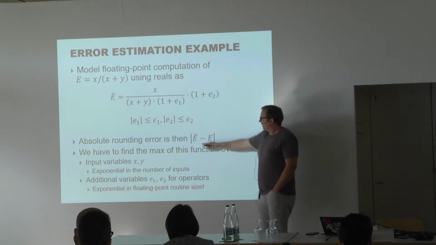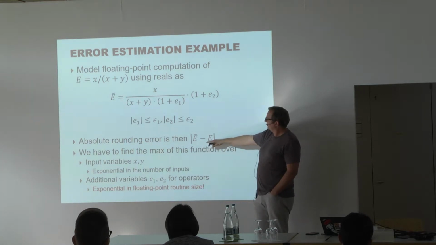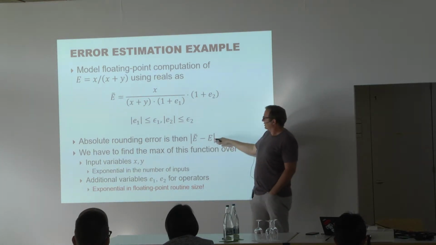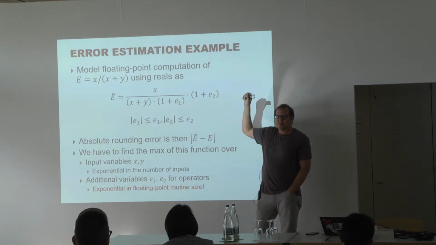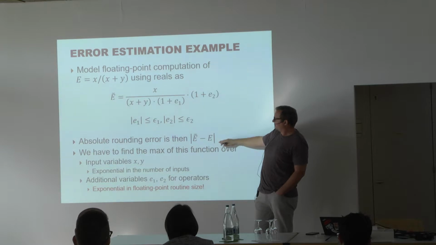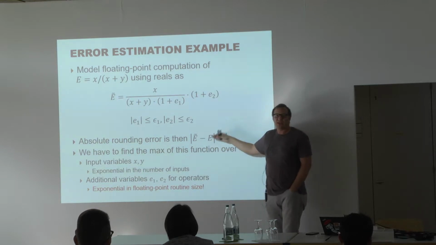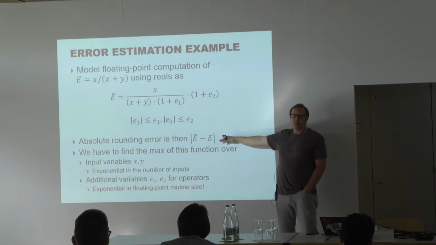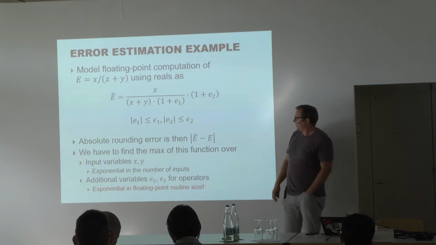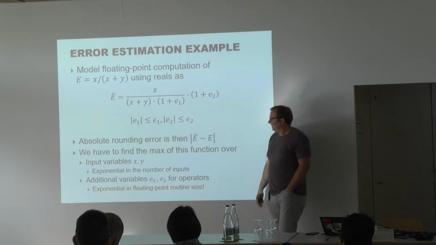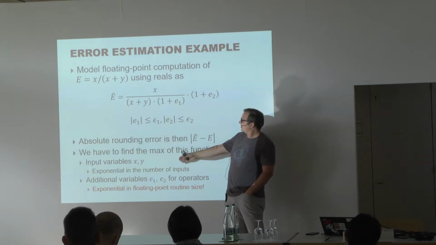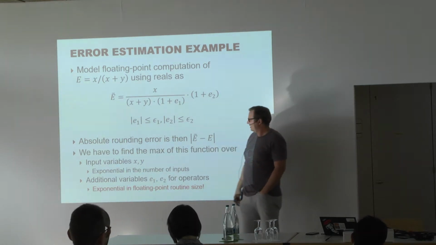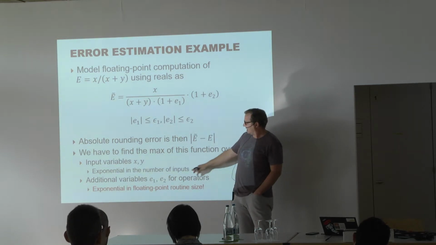And then the absolute rounding error is just this expression minus the original expression over reals. So our goal is to find out what is the maximum of this absolute rounding error. So what is a simple way to do it? Well, you can try to maximize this. Your input variables will be x and y, and E1 and E2.